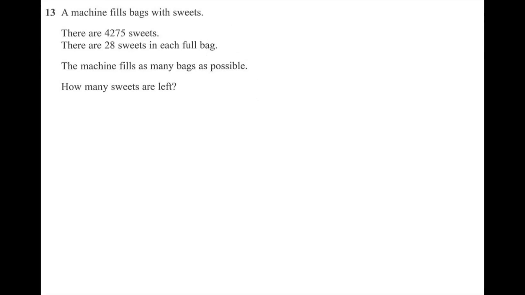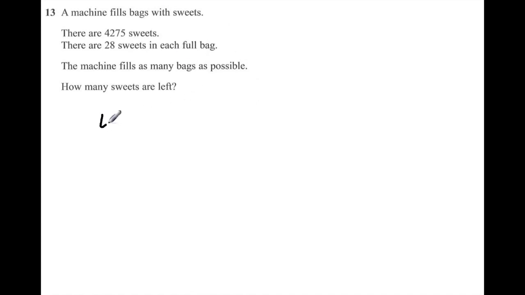Question 13. A machine fills bags with sweets. There are 4,275 sweets. There are 28 sweets in each full bag. The machine fills as many bags as possible. How many sweets are left? Now the first thing we need to do is to find out how many bags this machine is going to fill. To do this, I'm going to divide 4,275 by 28.